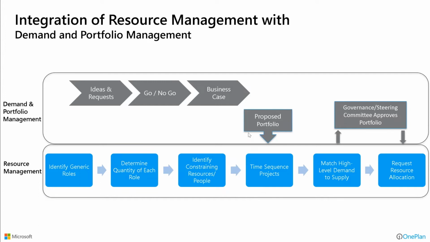Otherwise, you're just going to have a queue of projects that require staffing, and unless you have the resource management process in place, you're not going to be able to meet the demand that's been defined by the portfolio management process. So they're tightly coupled and important for you to develop as a process as you increase maturity in your overall portfolio management.